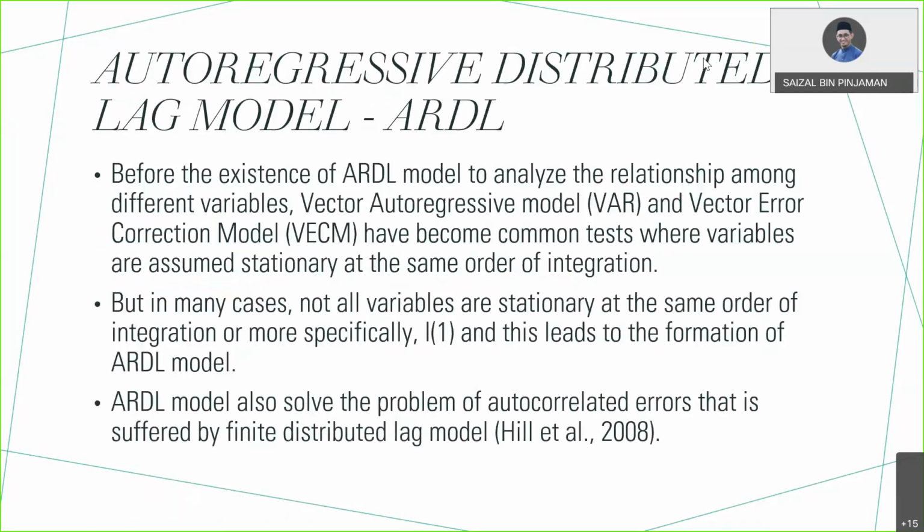So we go to the ARDL model, which is what we call the fundamentals of the NARDL itself. As you can see on the slide, before the existence of the ARDL model to analyze the relationship among different variables, we basically use the vector autoregressive model as well as the vector error correction model to estimate the relationship between the variables.